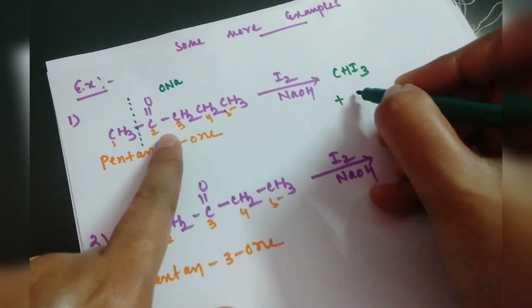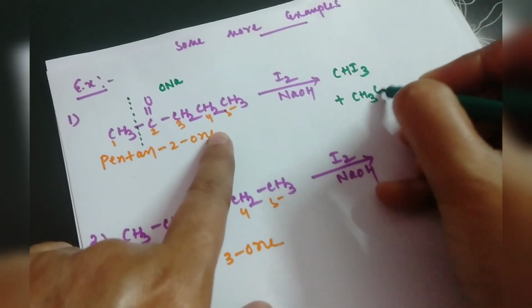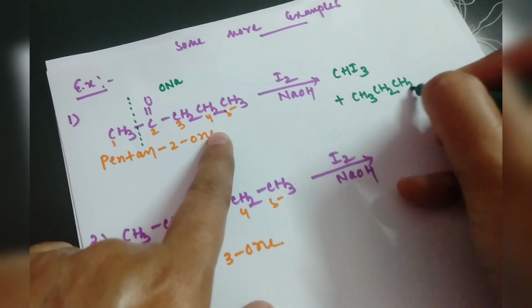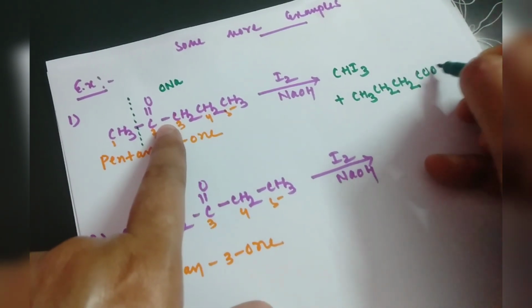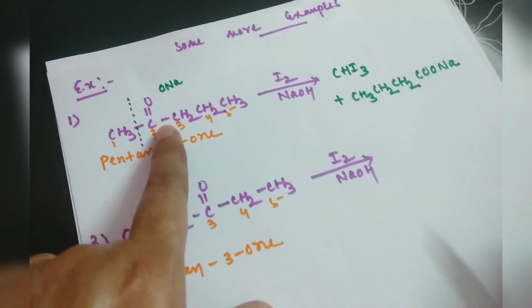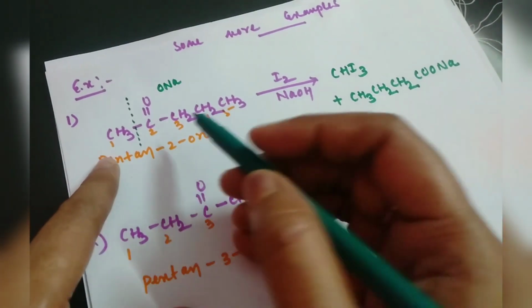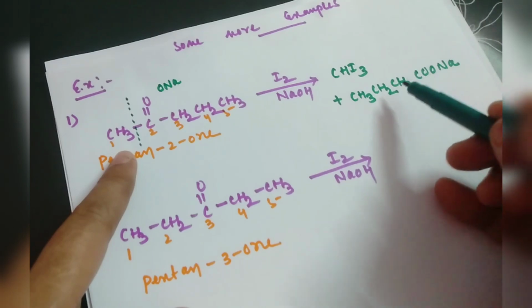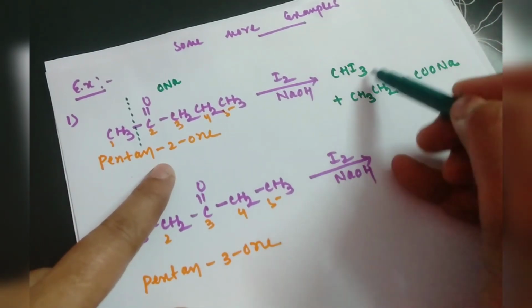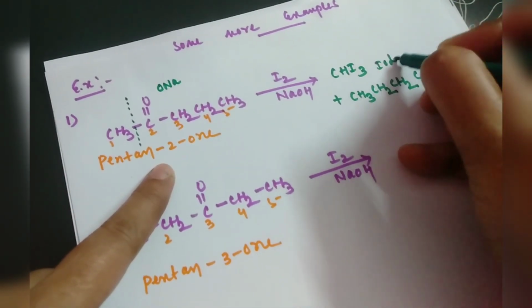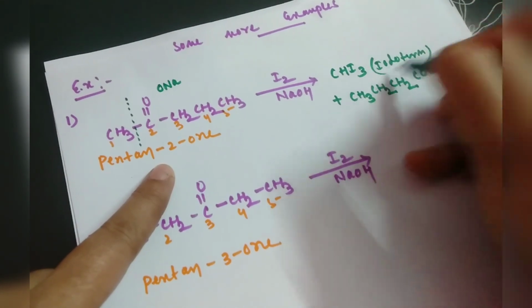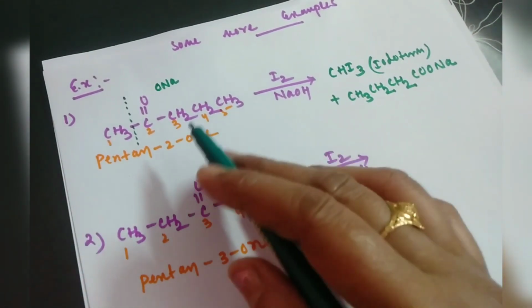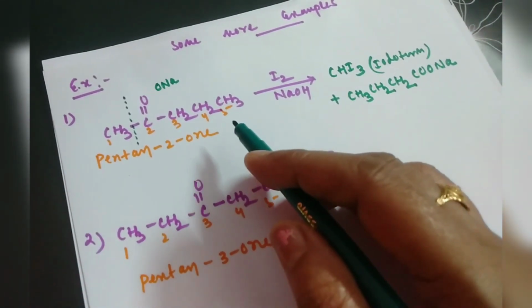So the compound is CH3CH2CH2COONa, the sodium salt of butanoate, sodium butanoate, and the other is the iodoform compound. So this will give the iodoform test.